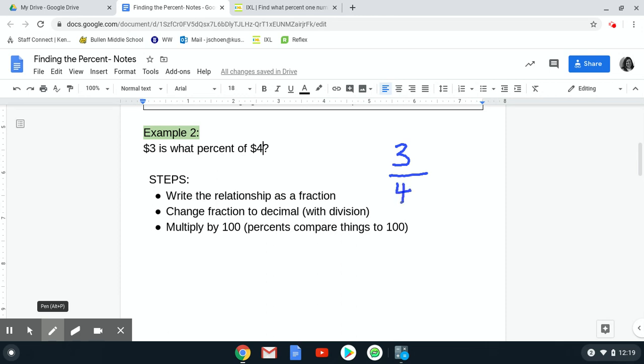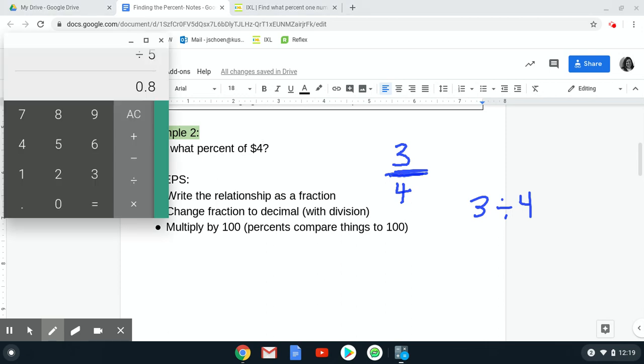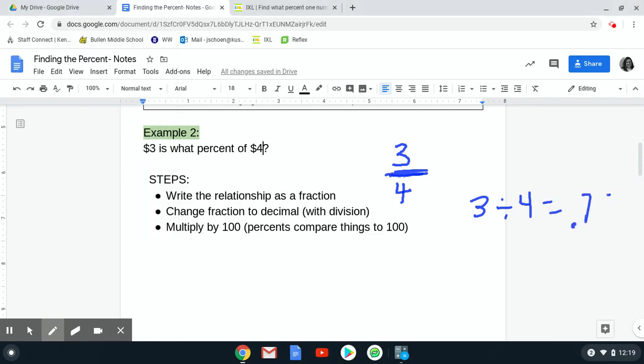Change the fraction to a decimal, so that means we're going to divide. 3 divided by 4, right? That fraction looks like division. If I use my calculator, 3 divided by 4 gives me 75 hundredths. Last step, multiply by 100.